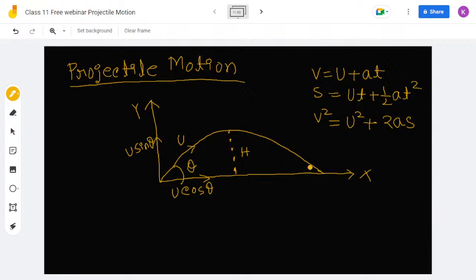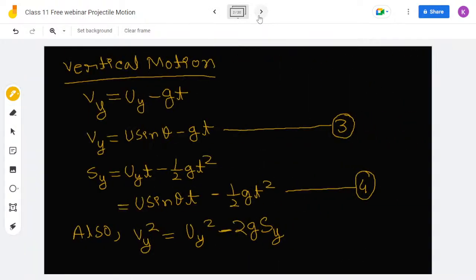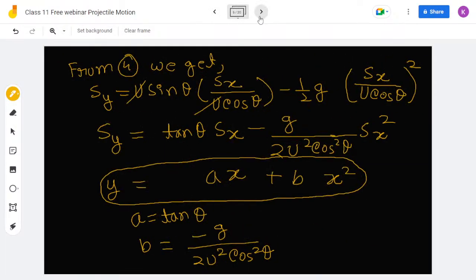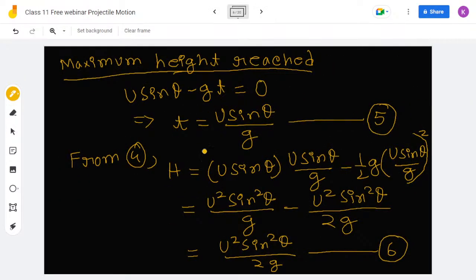That is the time of flight. We already determined the time taken to reach maximum height, that is from here to here, is t equal to u sin theta by g. We already derived that value in equation number 5.